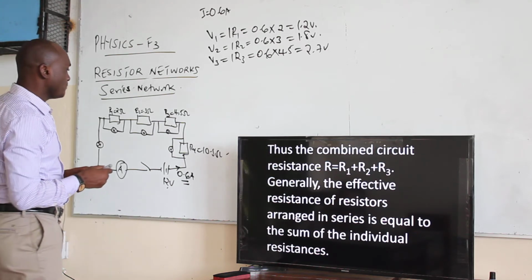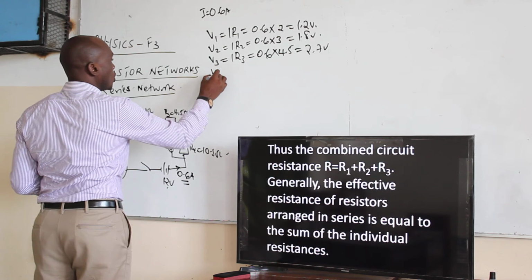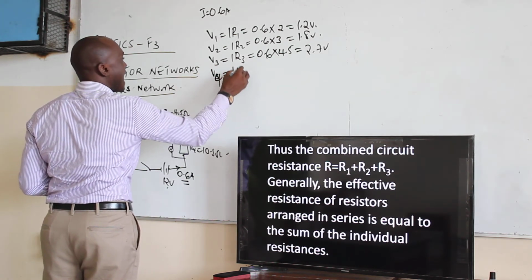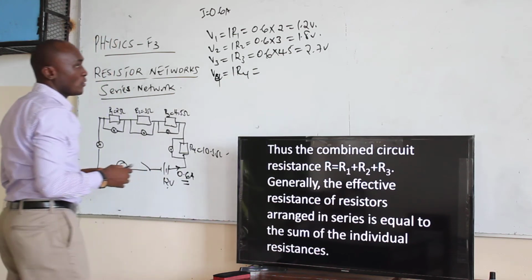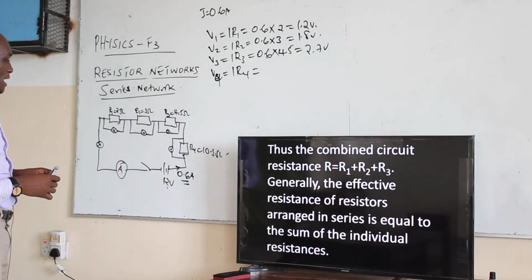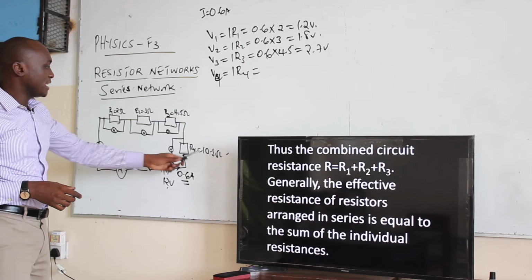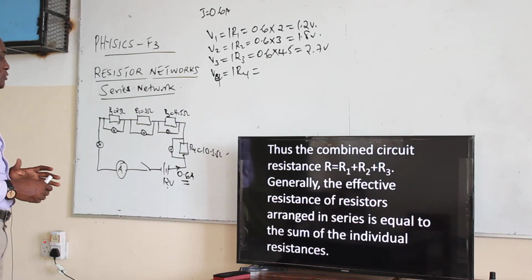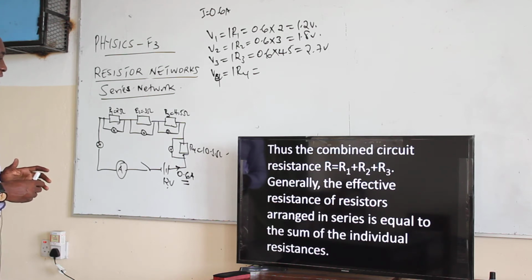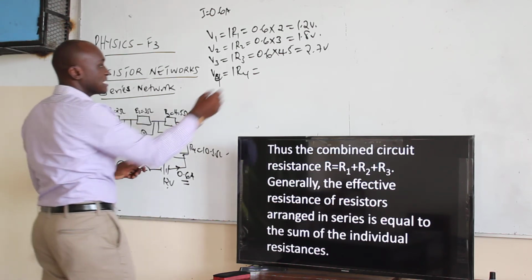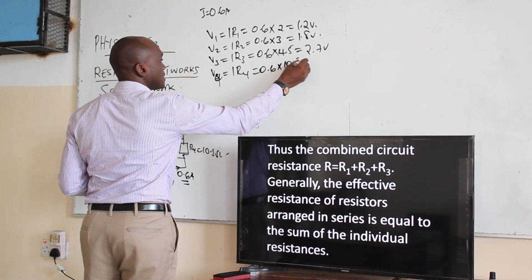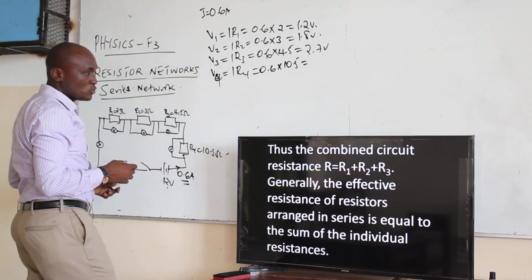At the same time, we go to V4. V4 is going to be I R4. We know the resistance of R4 is 10.5. So we take I, which is 0.6, and multiply by 10.5, then we see what we are going to get.